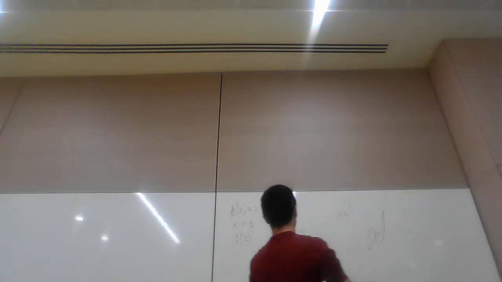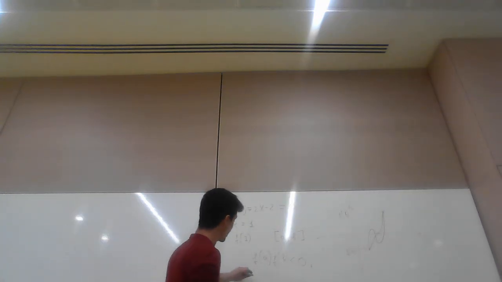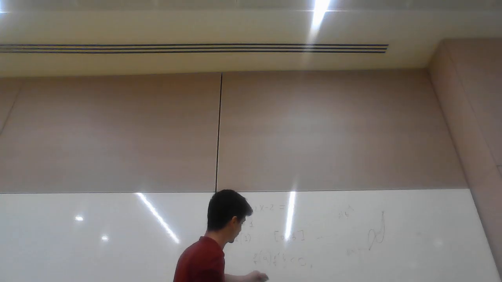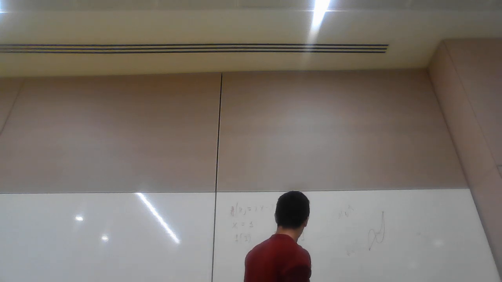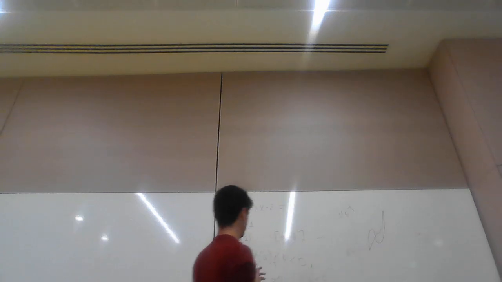And by this theorem, we can see that f(a) can be bigger than 0 and f(b) can be less than 0, or f(a) can be negative and f(b) can be positive, to hold this condition.